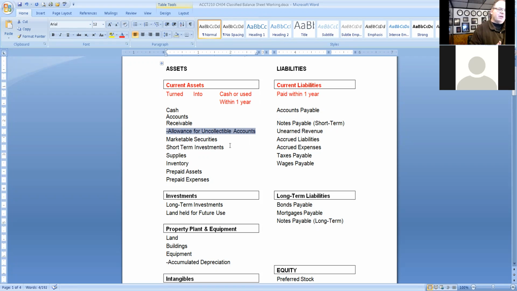Somebody dies, somebody leaves the country, whatever it is. You don't always collect all your accounts receivable, especially if you have a lot of them. We subtract those out, kind of like we do for the depreciation. Marketable securities and short-term investments are the same thing.